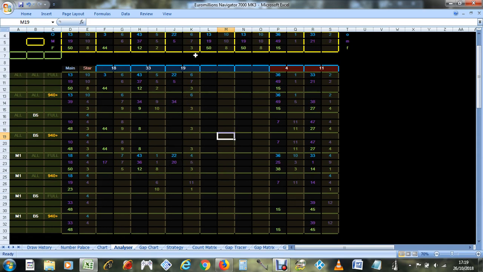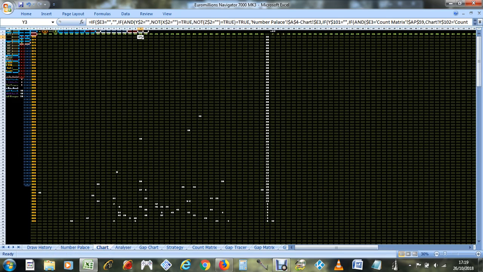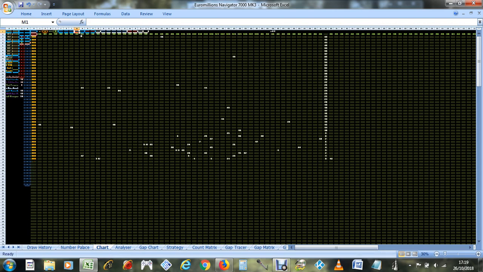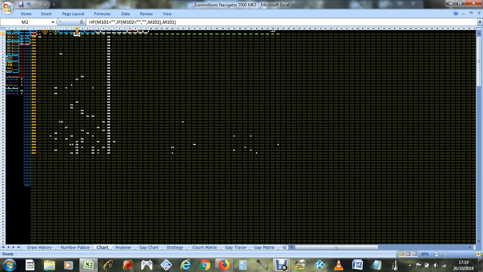let me just show you something interesting about number 19 that doesn't show up on the analyzer. Right, we're looking at full draw history, all machines, all sets of balls, and this is a chart for number 19. Now let me just zoom in.